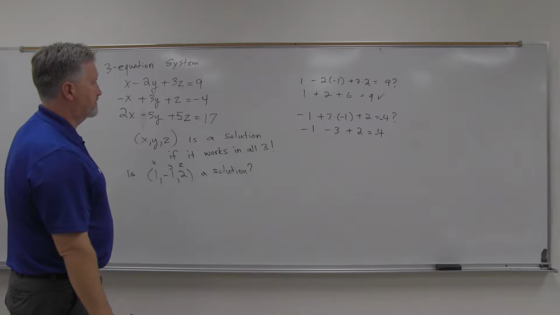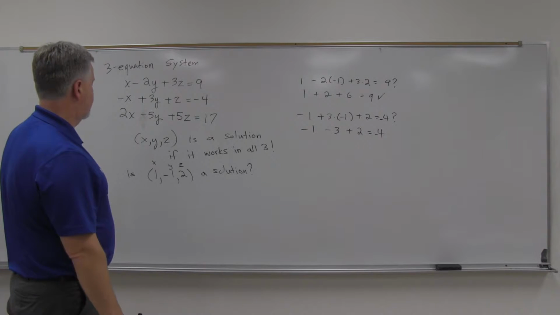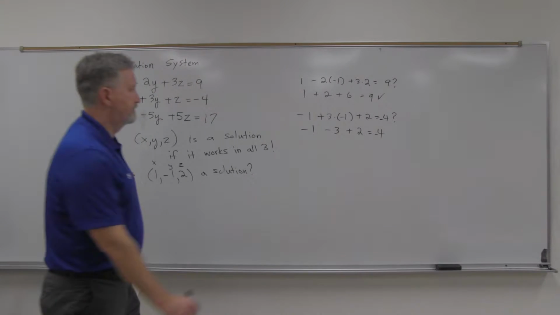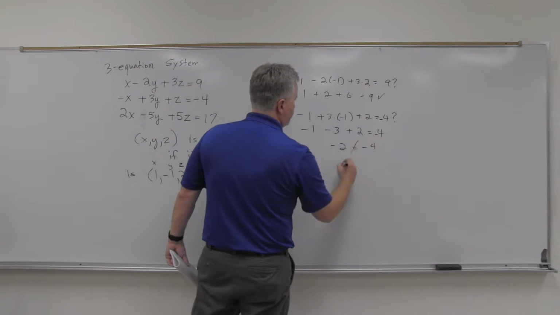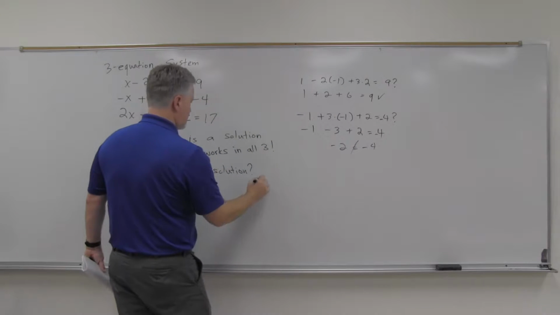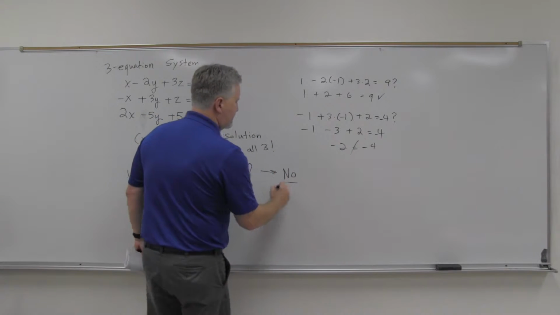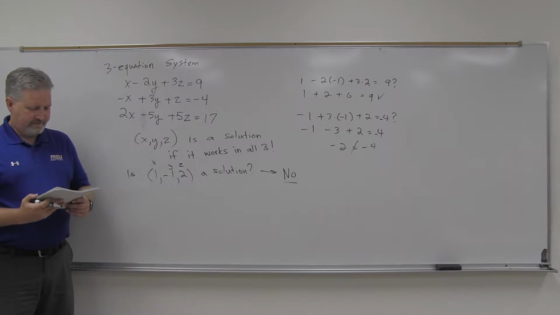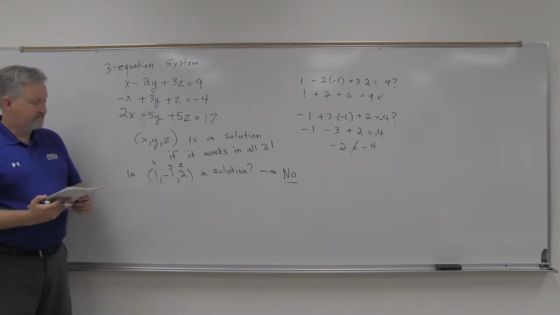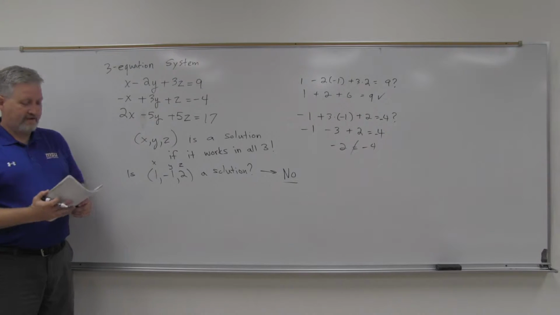So it works in the first one, but I'm seeing it not working in the second one, aren't you? That would be -2 equals -4. So to be a solution, it has to work in all three, and I don't have another one to try here.